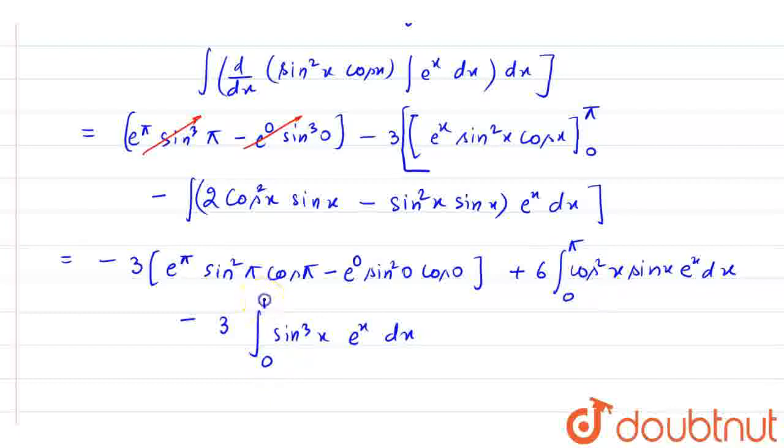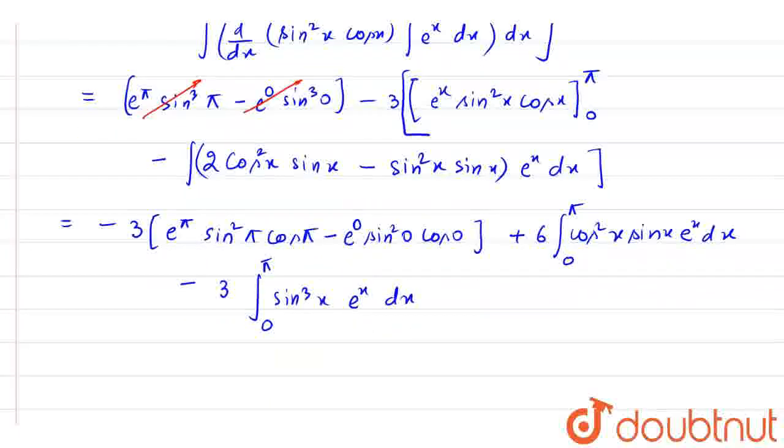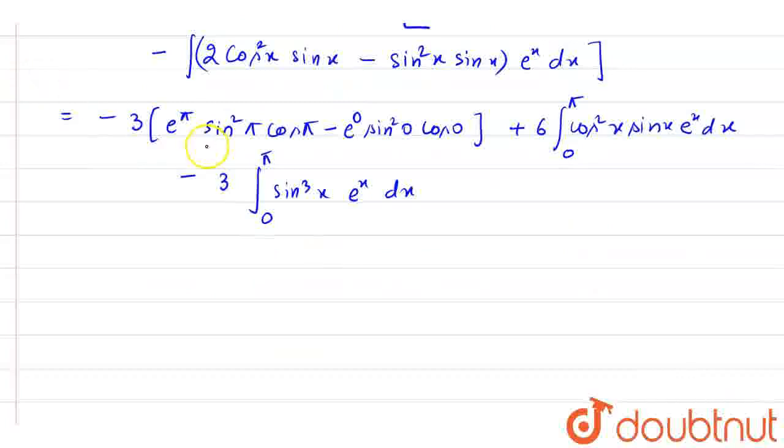Now if you see, this is also 0, this is also 0, so we have 6.